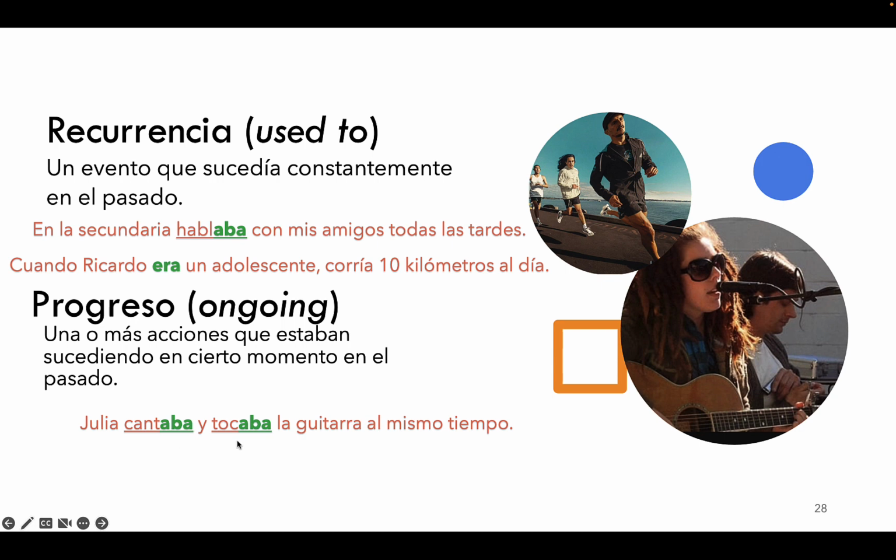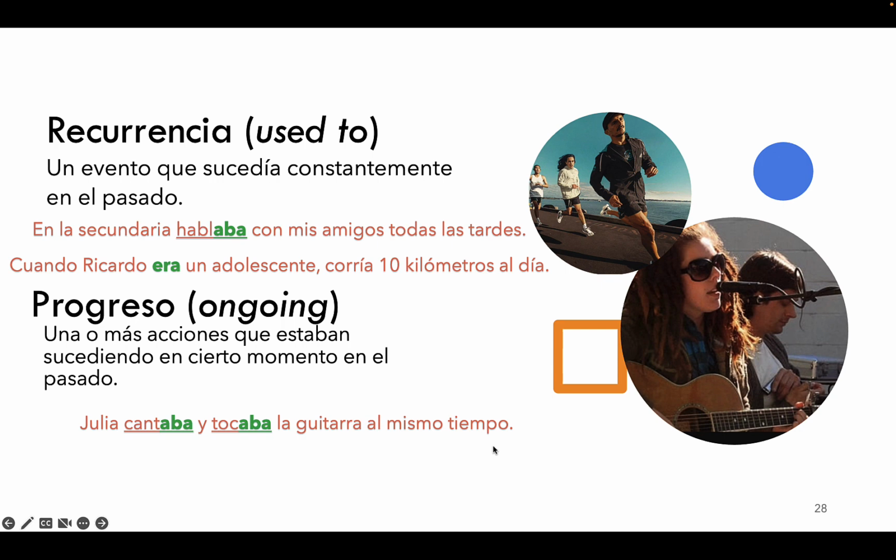Julia cantaba y tocaba la guitarra al mismo tiempo. So let's imagine that we went to this concert, or musical event. And while we were there, if we were talking to a friend about our weekend, and that was very much the case that we attended this musical event and we were describing it, then I could say something like, well, while Julia was singing, she was also playing the guitar, okay?